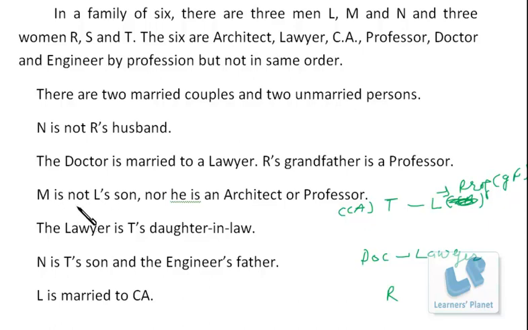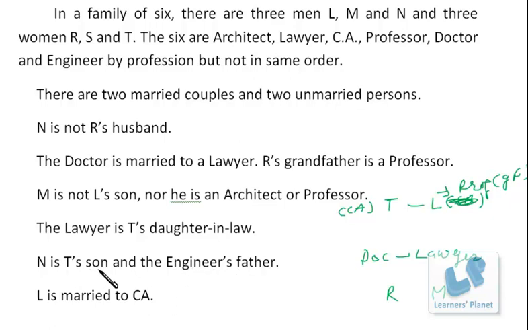Now M is not L's son. That means M should be in this generation, right? Because in this generation, this is doctor or maybe lawyer, T and L's son and daughter-in-law. So M should be in the 3rd generation, right? Now N is T's son and engineer's father.